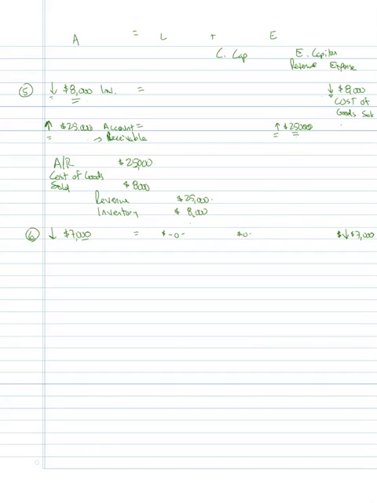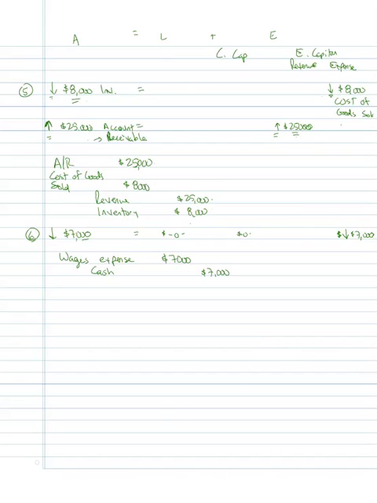An expense account gets a debit. So wages expense, we're going to debit that $7,000, and to record the reduction in cash, we're going to credit cash $7,000, and that is our sixth and final journal entry.